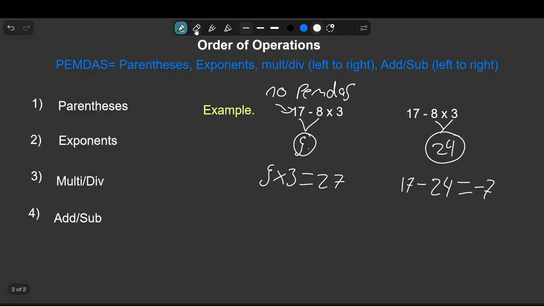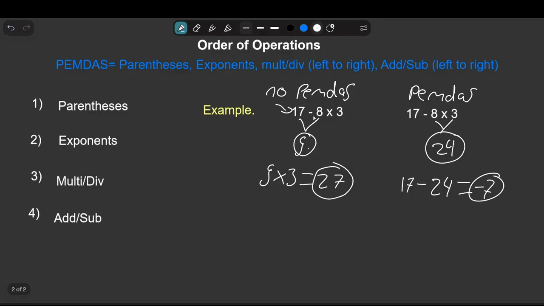So, right now, I showed you why this is very important, because you can see you get two very different final answers, and only one of them is correct. This one we did use PEMDAS, or the order of operations.